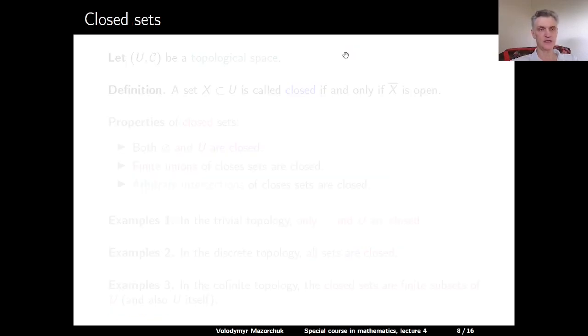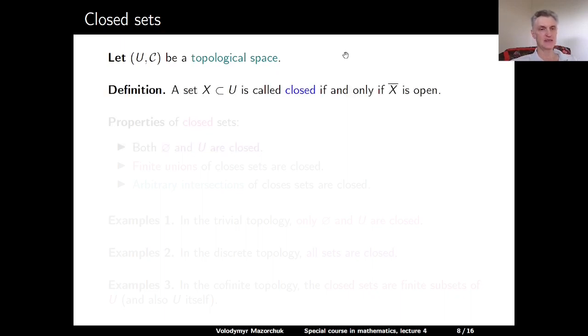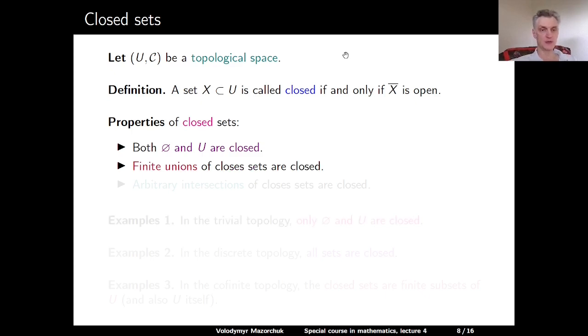Great. Now let us talk about closed sets. Let U be a topological space. Definition: a set X in U is called closed if and only if its complement is open. Here are some properties of closed sets. Both the empty set and U are closed. Finite unions of closed sets are closed.